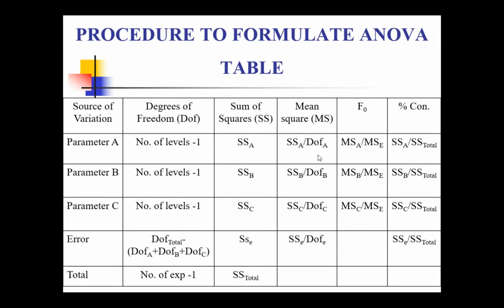For parameter B, the sum of squares of parameter B divided by the total sum of squares. Similarly for error. And the percentage contribution for total should be 100%, because it is the total sum of squares divided by the total sum of squares, and we are giving that in percentage, so it is 100%.